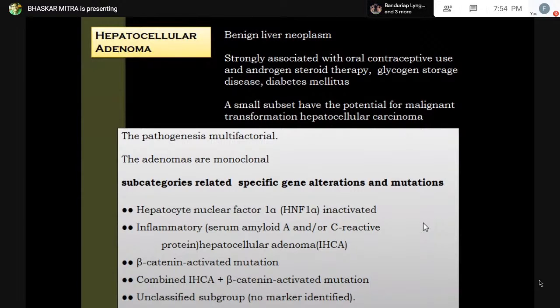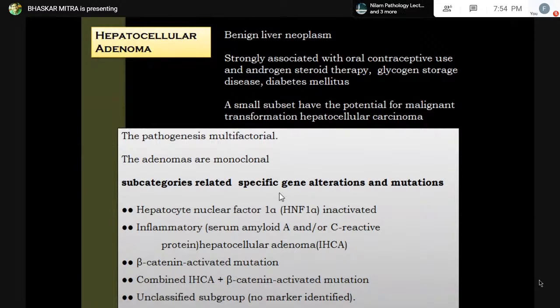It is strongly associated with oral contraceptive use, androgen steroid therapy, and diabetes mellitus. And there is a definite genetic abnormality behind the proliferation of these hepatocytes. The pathogenesis may be multifactorial, but the adenomas are usually monoclonal.